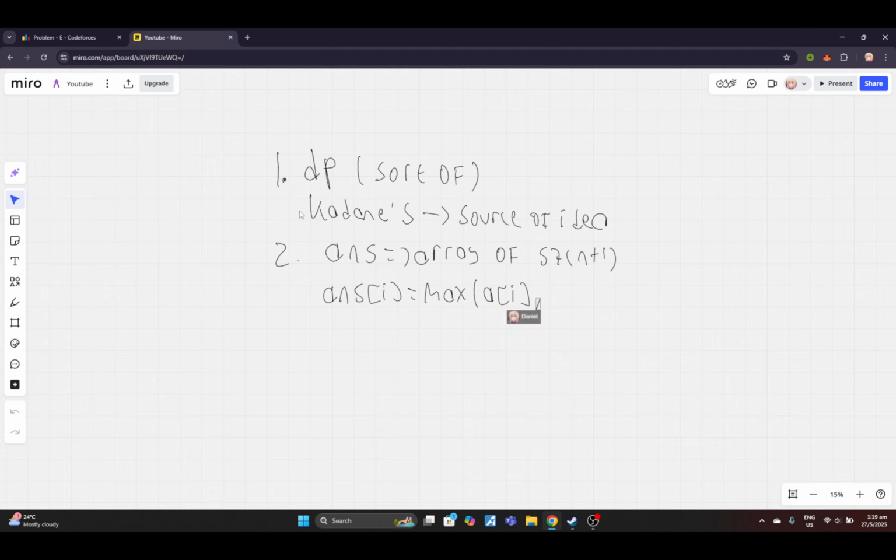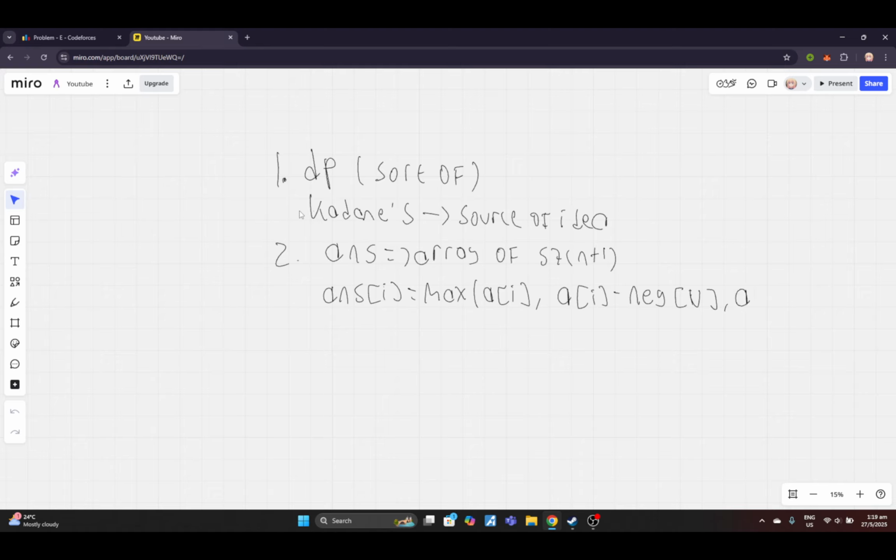So the maximum of that, and then a i minus, let's say we have this array called negative p. No, maybe u. I'll just make u first, then I'll explain later.